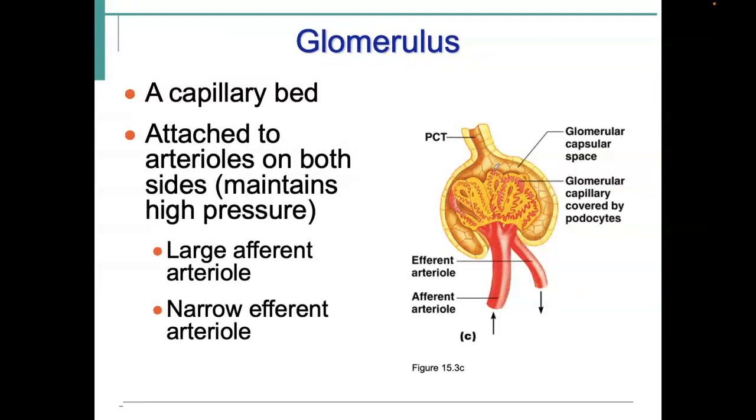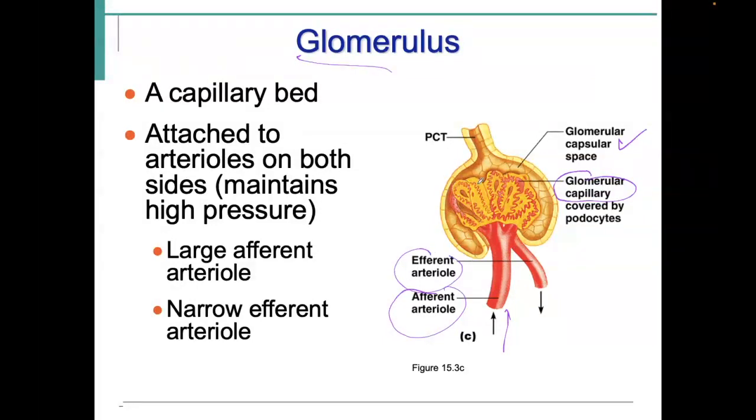So the glomerulus, which is this cluster right here, the glomerular capillaries, is the same thing as the glomerulus. This space is called the glomerular space. You have your afferent arteriole, look at the diameter, bringing blood in faster than it can exit through the efferent arteriole.